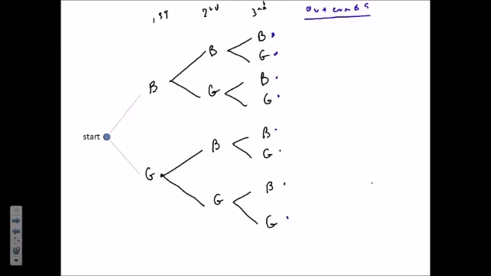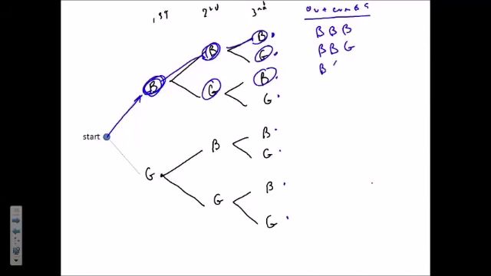The first one, going from the start, would be boy, boy, boy. All boys. That's possible. Or boy, boy, girl. Or boy, girl, boy. Boy, girl, girl.